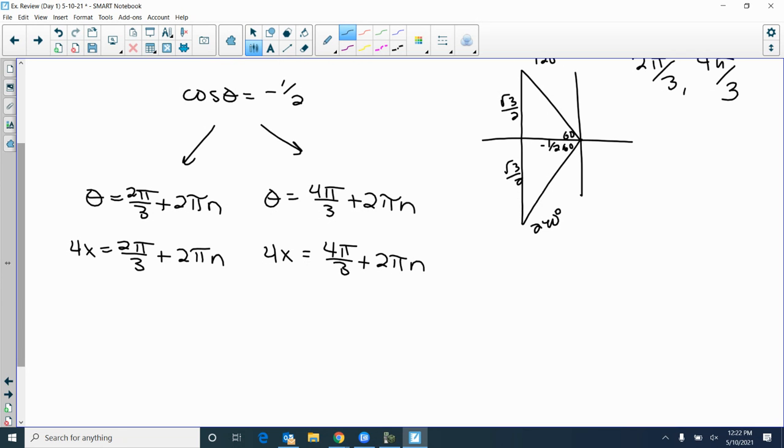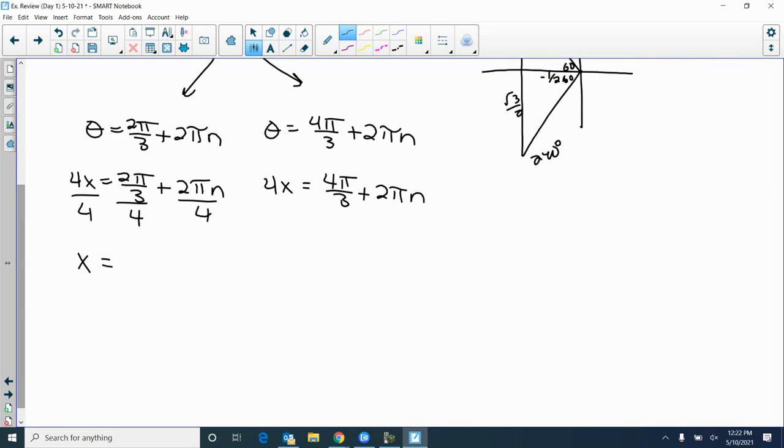All right, on the left, we're going to get x by itself. Divide everything by 4. So I divide by 4, divide by 4, divide by 4, and I get x equals, all right, 2 pi over 3 divided by 4 is the same thing as 2 pi over 3 times 1/4, 2 pi over 12, pi over 6, plus pi over 2n.